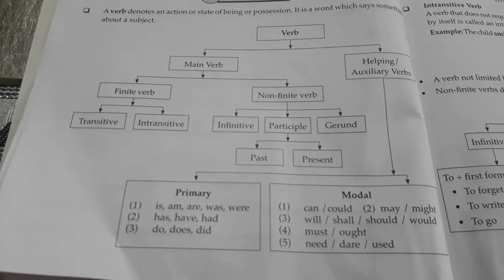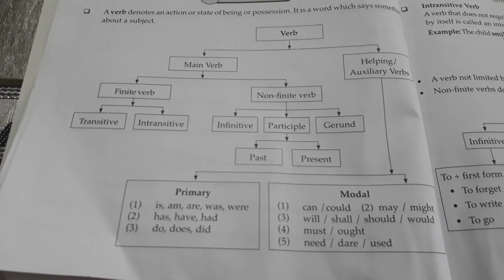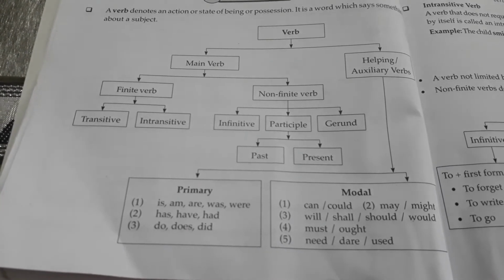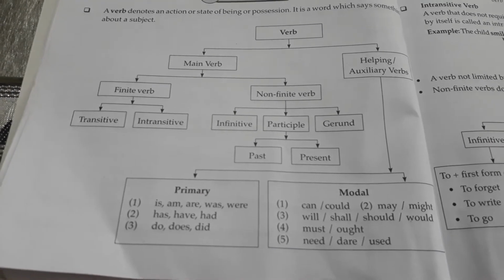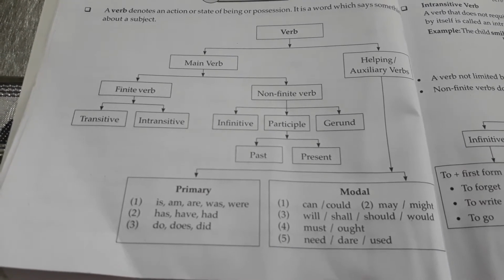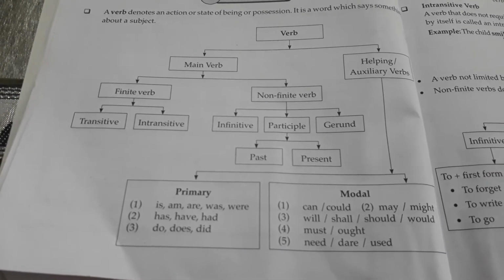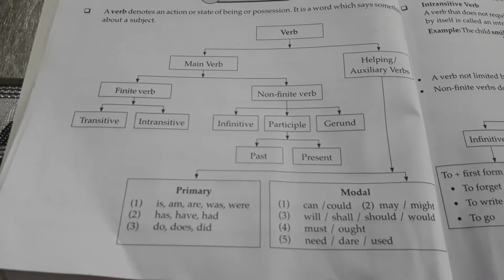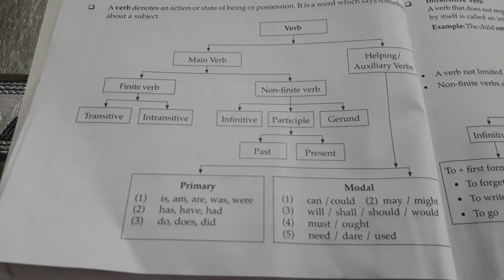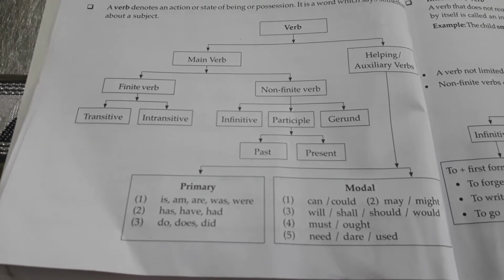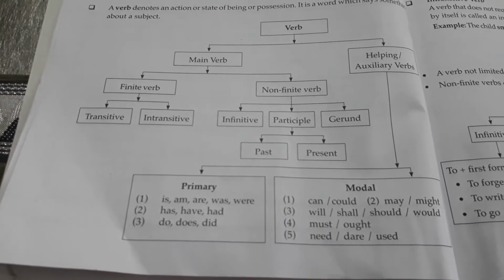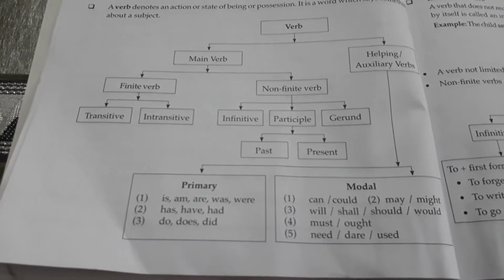You can see a chart in front of you. Verbs are of two types, main verb and helping verb. Helping verbs are also called auxiliaries. Main verb is again divided into two types, finite verb and non-finite verb.